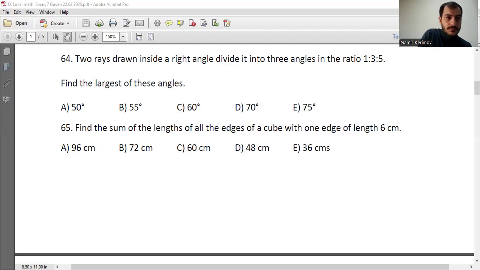As you see, there are 1, 2, 3, 4 here, and 4 more, and 4 more, so there are 12 edges. So for a cube, there are 12 edges. If one of them is 6 centimeters, all of them should be 12 times 6, 72 centimeters. B is the answer.